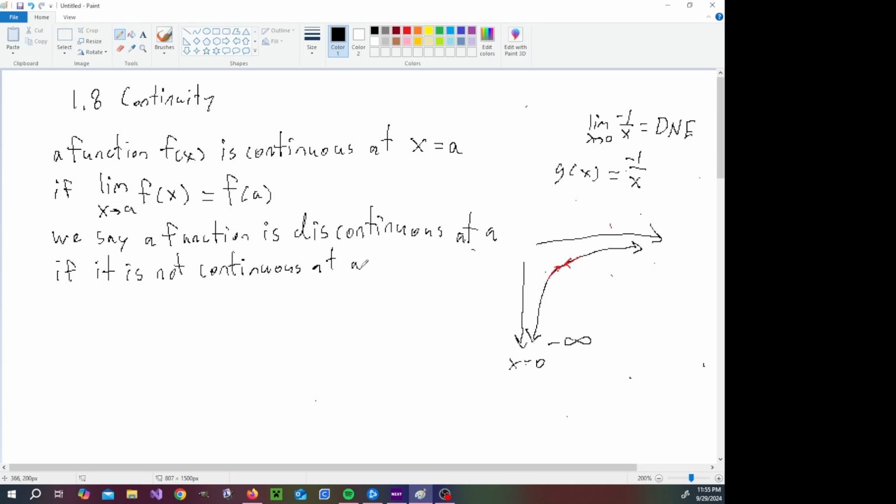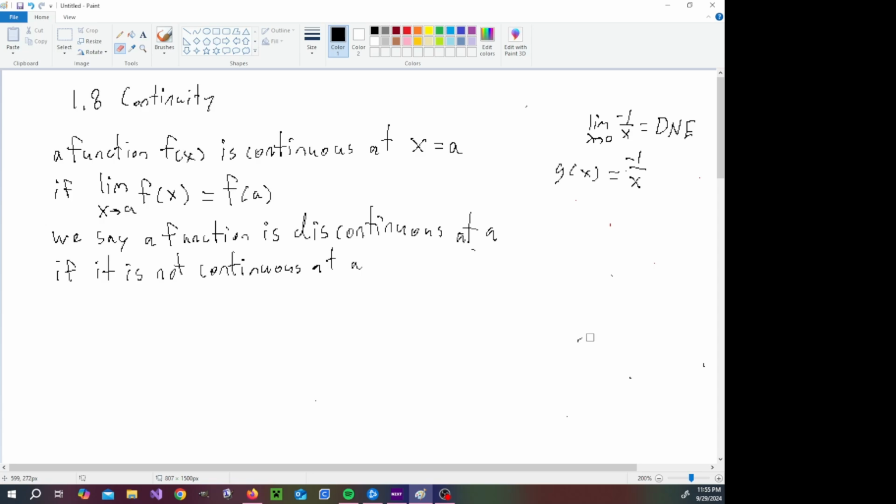It isn't a new definition as much as it is just saying, if it's not continuous, we call that discontinuous as well. So that's not too horrible a new term to learn.